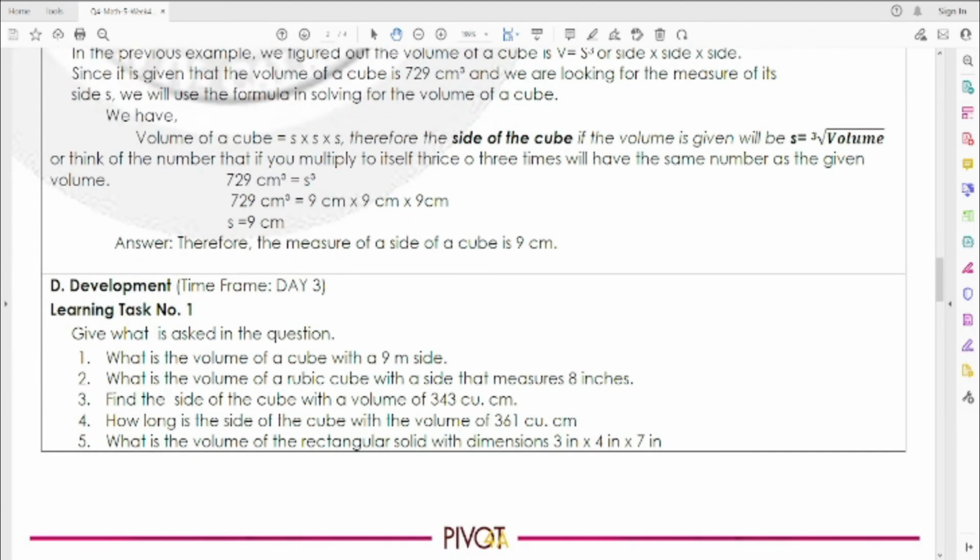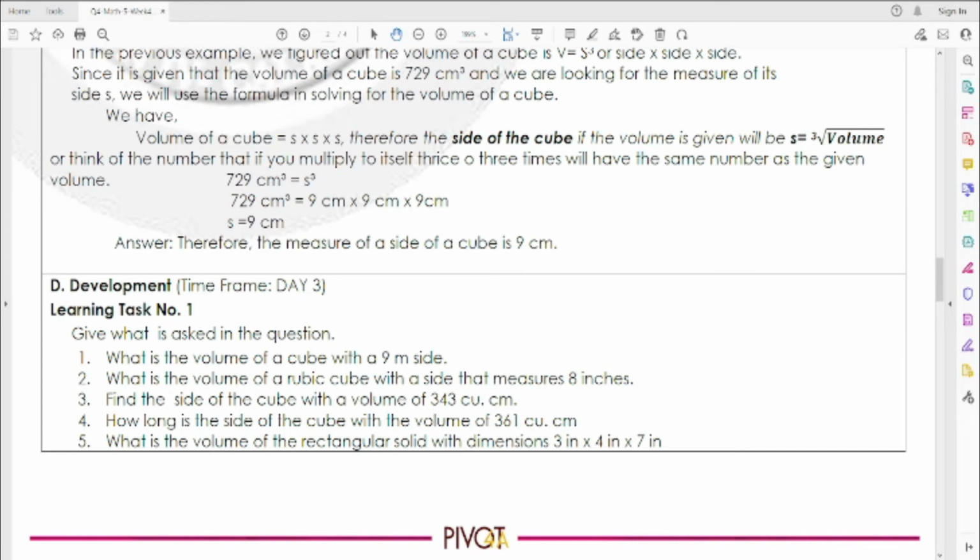Answer: Therefore, the measure of a side of a cube is 9 centimeter. So for continuation, learning task number 1 for day 3: give what is asked in the equation. Number 1, what is the volume of a cube with a 9 meter side?